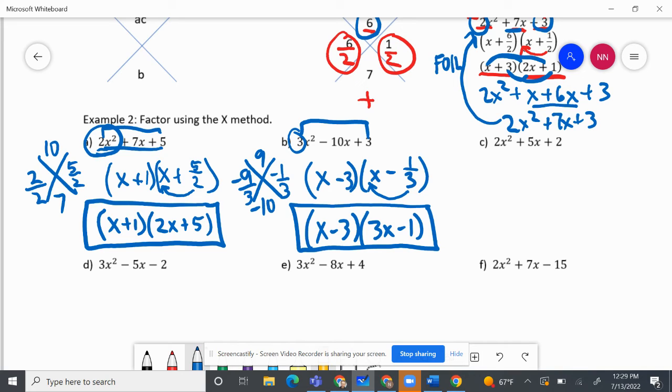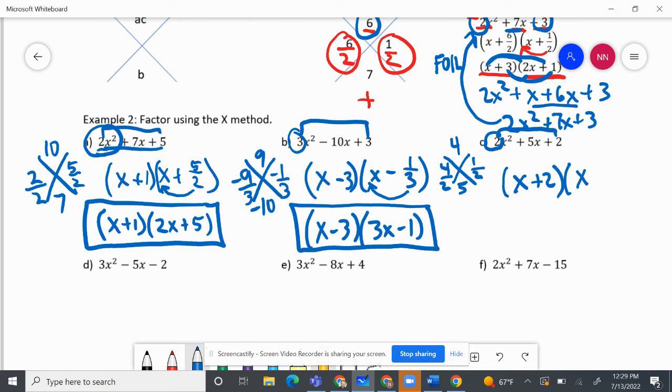For letter C, I'm going to do the same thing. 2 times 2 gives me 4. So two numbers that multiply together give me 4, add up to 5. That would be 4 and 1. The leading coefficient is 2, so I'm going to divide each of these by 2. And 4 divided by 2 is 2, so x plus 2.